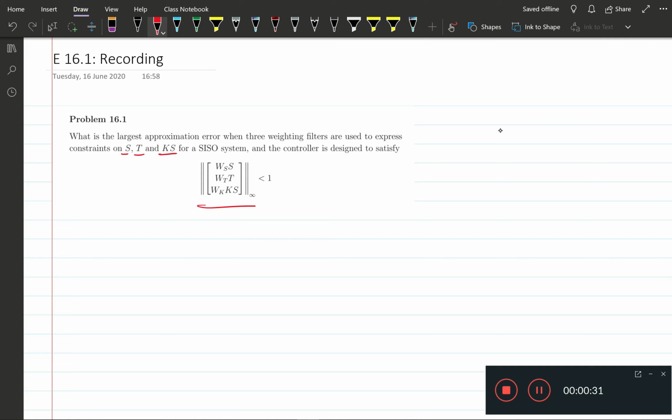So let's again quickly recap what we want when we define shaping filters. Let's take the example of sensitivity.